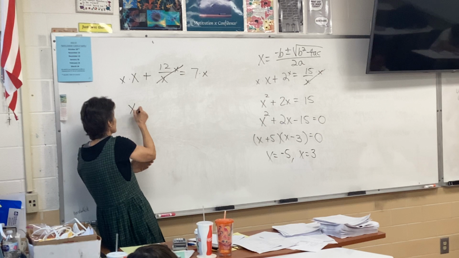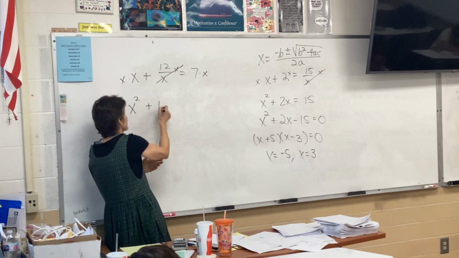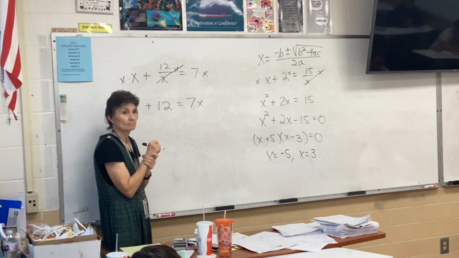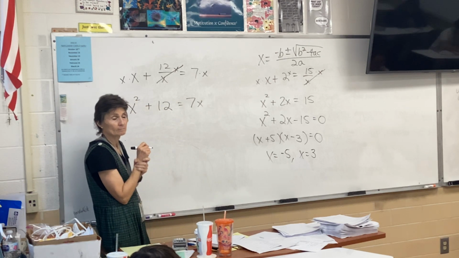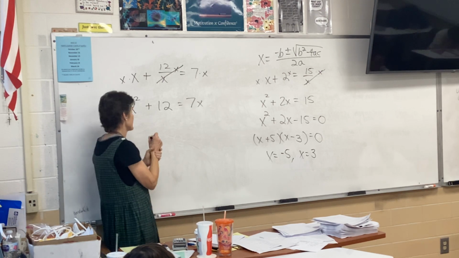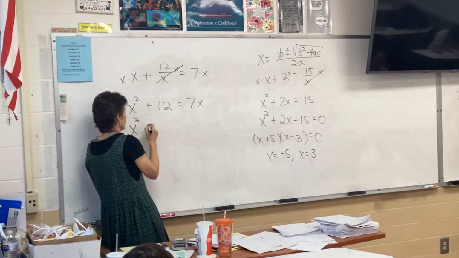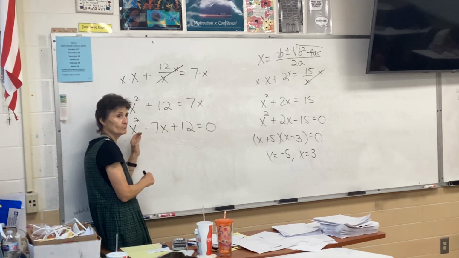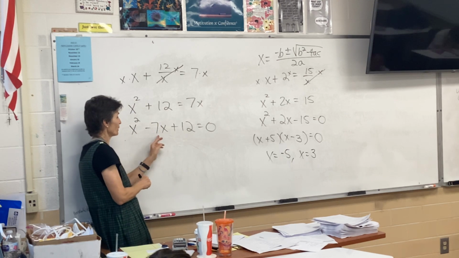So we have X squared plus 12 equals 7X. And then what? Bring the 7X over, and let's put it where it belongs, here in the middle. It's going to make it easier for you if you put it in the right spot when you bring it over.